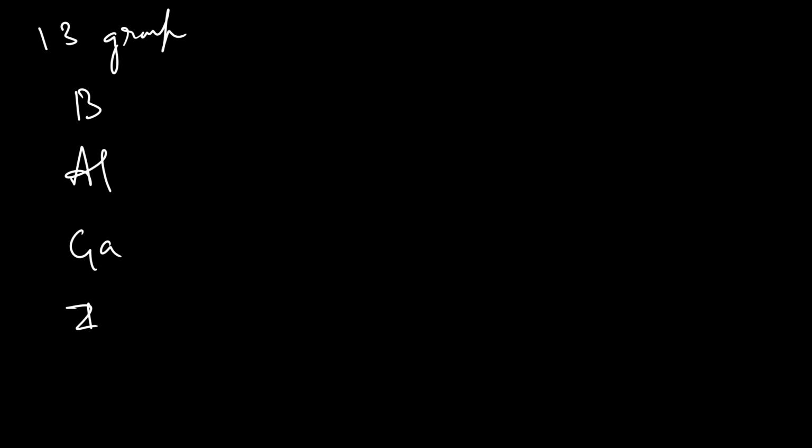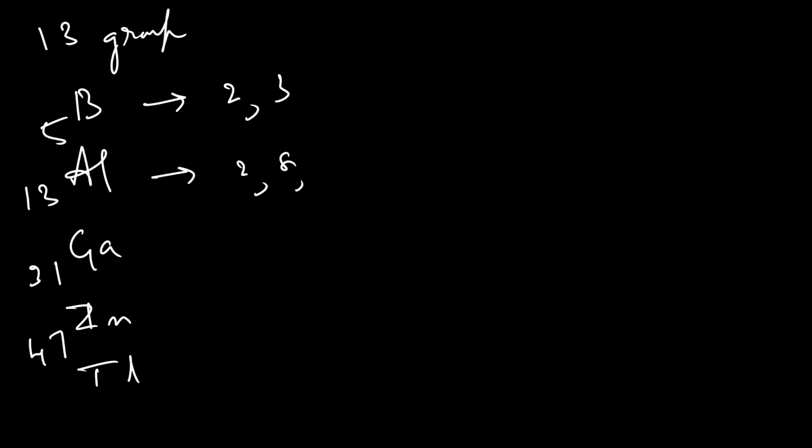Right. If you take the 13th group, boron, the symbol is B. The 13th group: boron, aluminium, gallium, indium, thallium, with atomic numbers 5, 13, 31, 49, 81. The configuration is 2 3, 2 8 3.